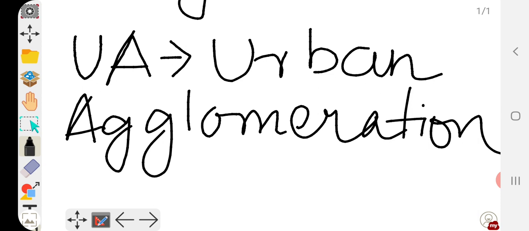Now in our country, Greater Mumbai is the best example of urban agglomeration. Why? Because it has largely expanded because of high intra-state migration. Urban agglomerations are largely expanding because of high intra-state, that is, within the state only, migration. Don't get confused, I am not saying that the boundary of Maharashtra has expanded.